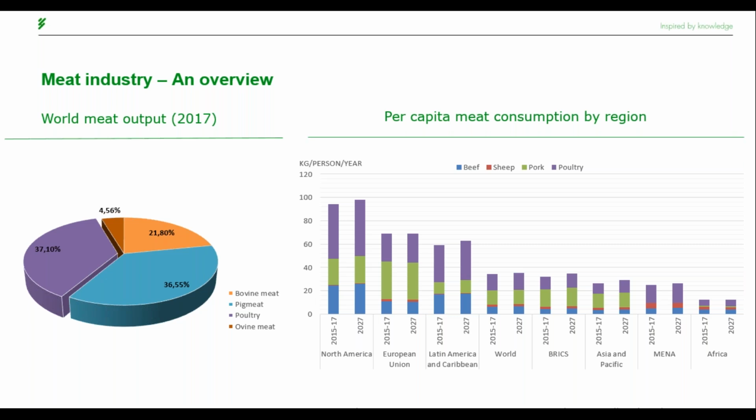Now that we have a global view of what is being produced, let's review our consuming habits. This column chart was obtained from an OECD, the Organization for Economic Cooperation and Development, and FAO publication that provides market projections for major agricultural commodities, specifically for the period in 2017.